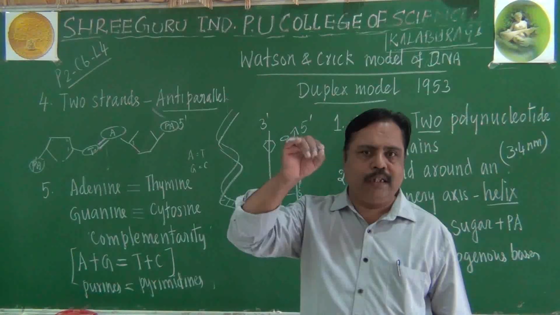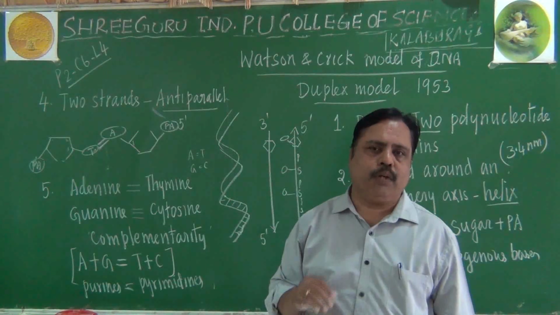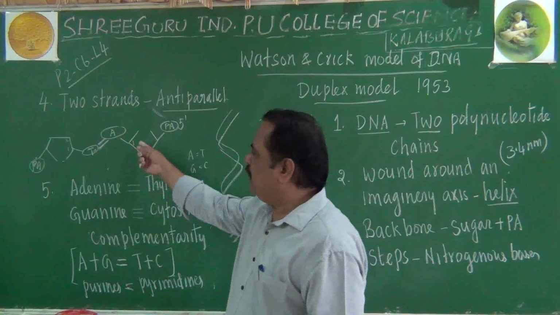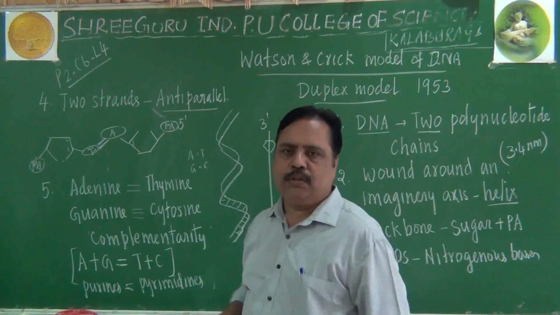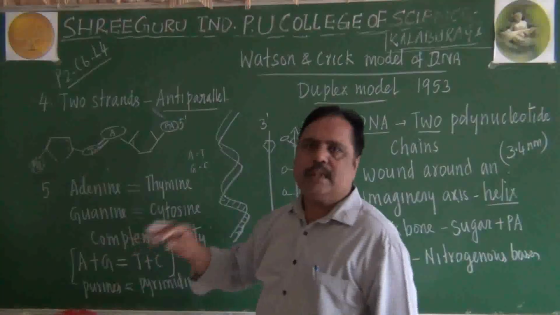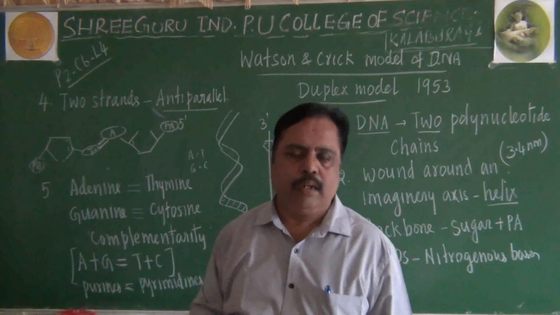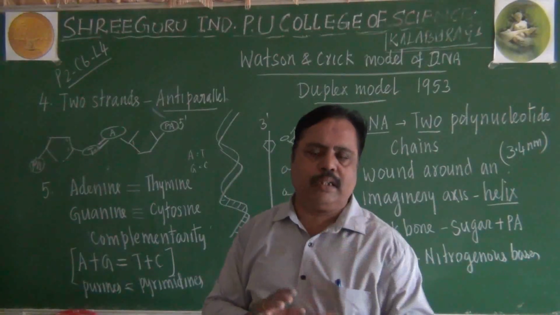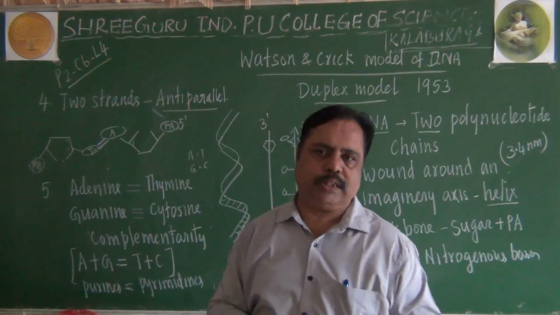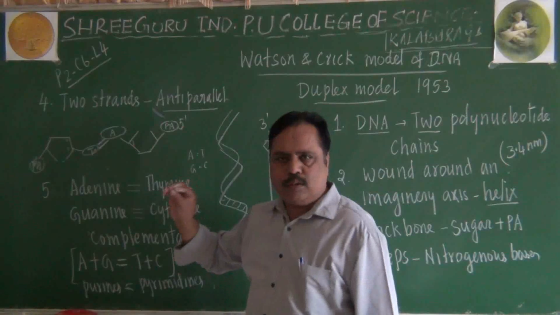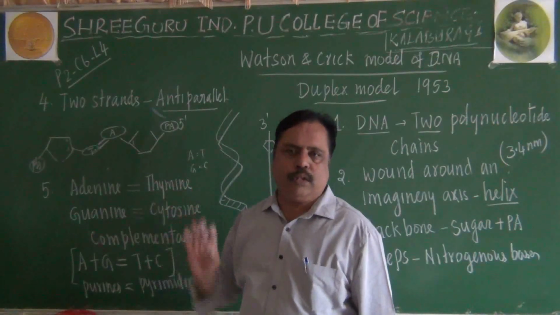That is the intelligence given by Watson and Crick. When nitrogenous bases are brought closer to each other, the adenine base will combine with thymine only by forming two hydrogen bonds. So between adenine and thymine, two hydrogen bonds are present. The guanine base will pair with cytosine only.